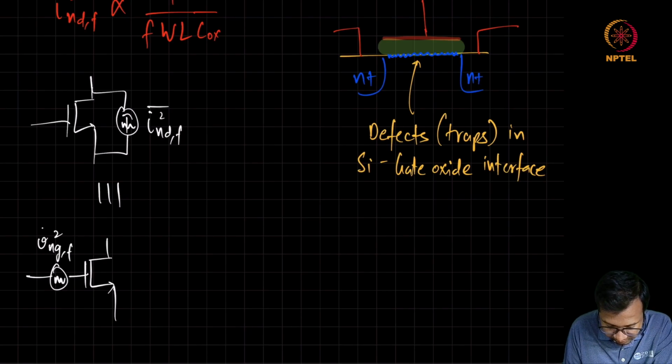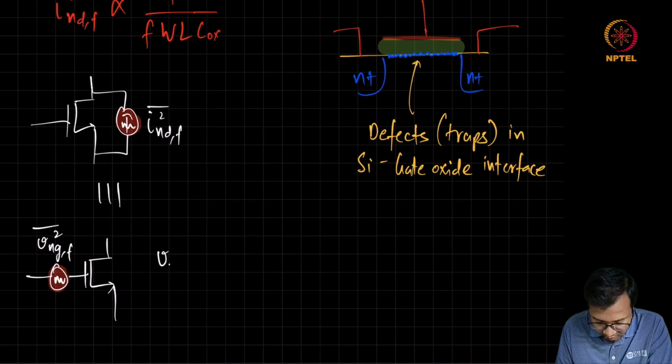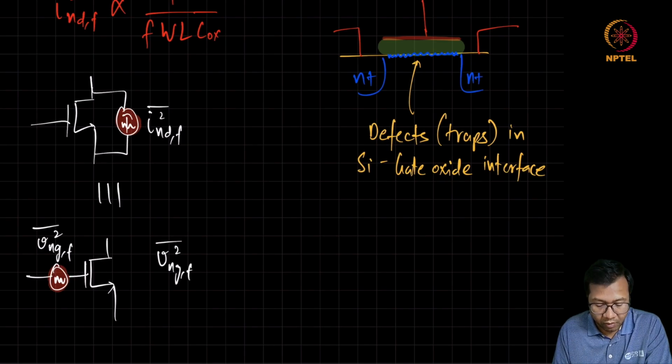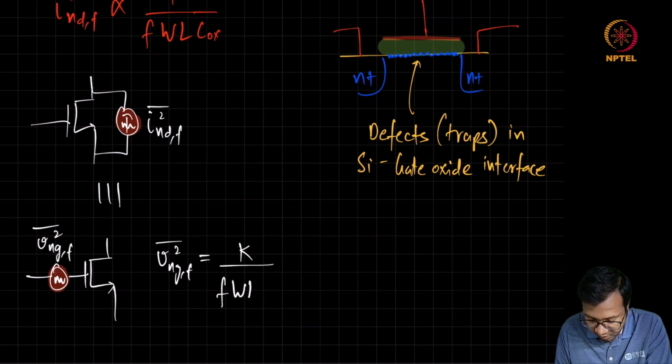The PSD of this equivalent gate voltage modeling the flicker noise is equal to a constant divided by f L Cox.